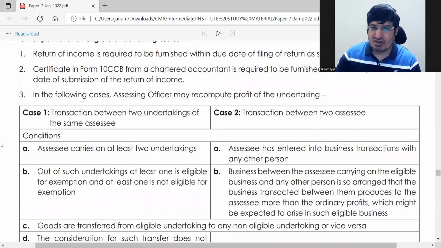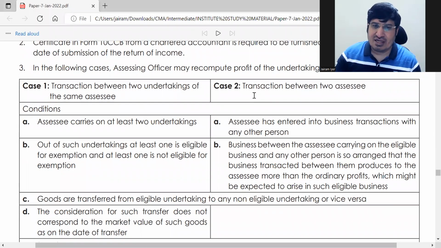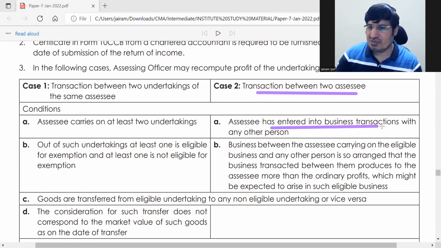Chalo, so this is the first one, and then the same thing now. This was between two undertakings of the same SSE, right? Next one is where both SSEs are independent. ठीक है, then the SSE has business transactions with any other person.